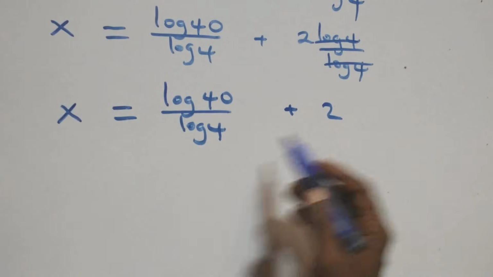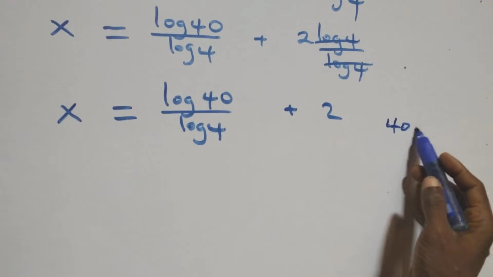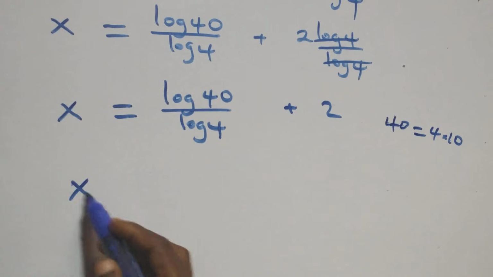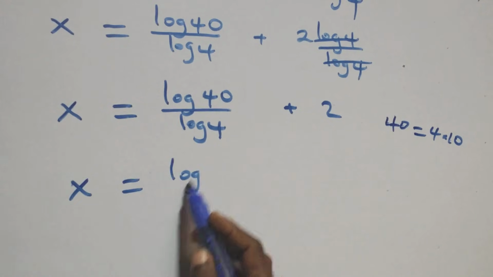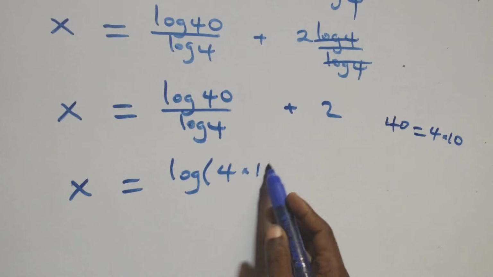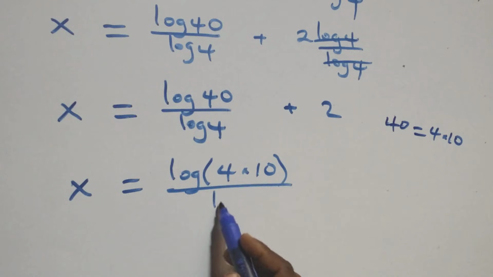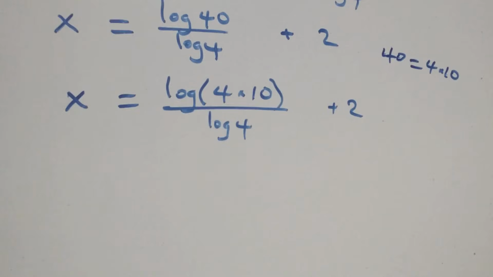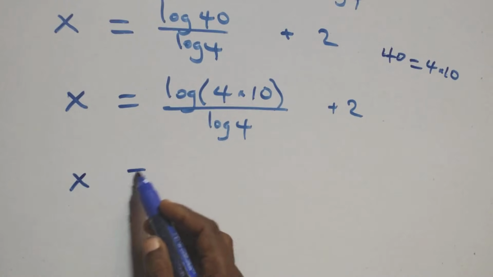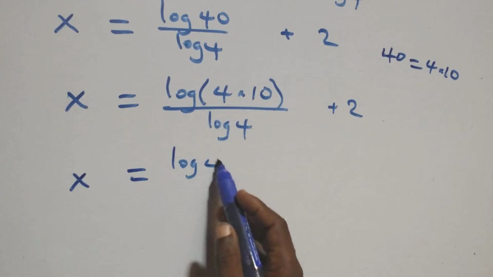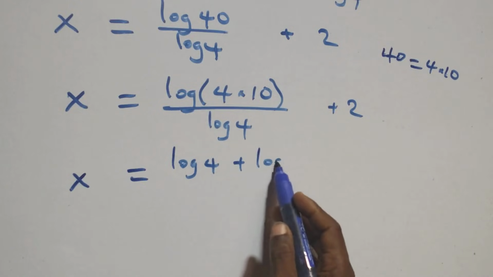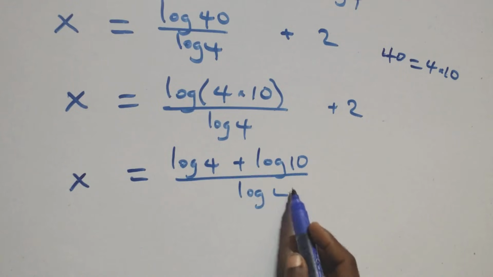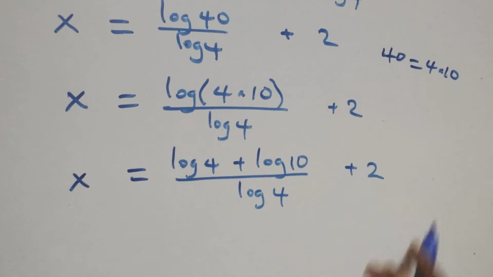Then also here, we can write 40 as 4 times 10. Then what we have becomes x equals log 4 times 10 over log 4 plus 2. And this also follows the law of logarithm. We have x equals log 4 plus log 10 over log 4 plus 2.